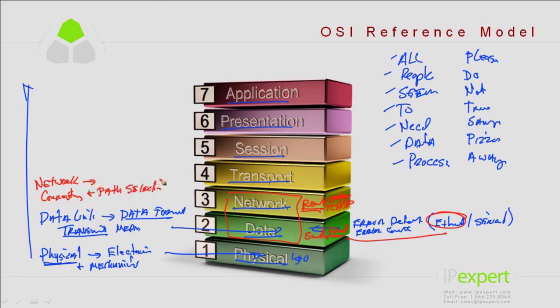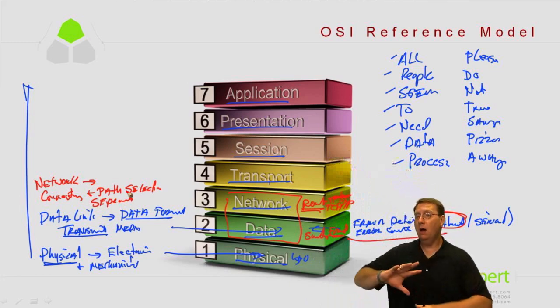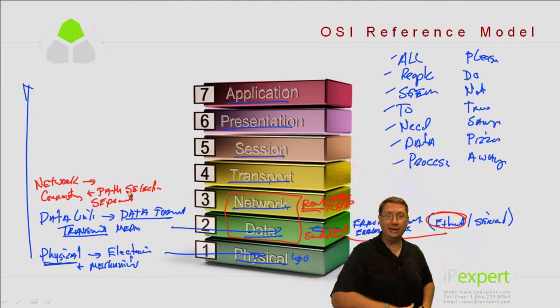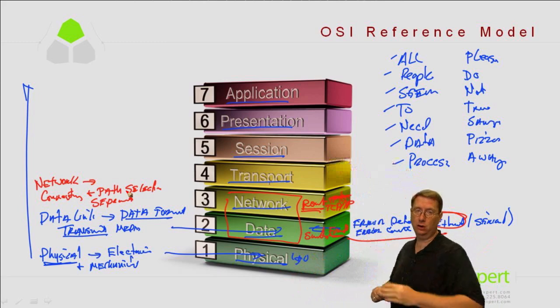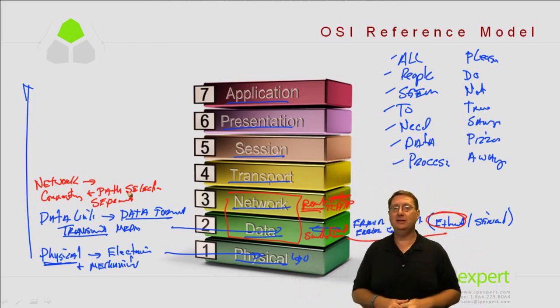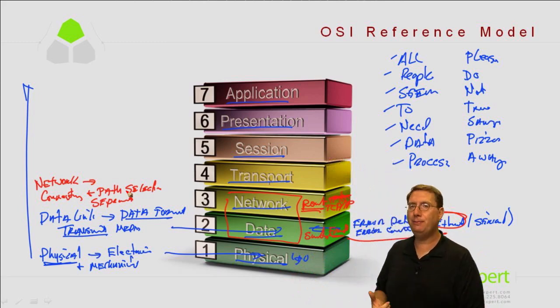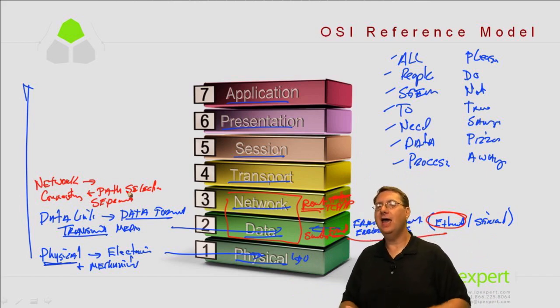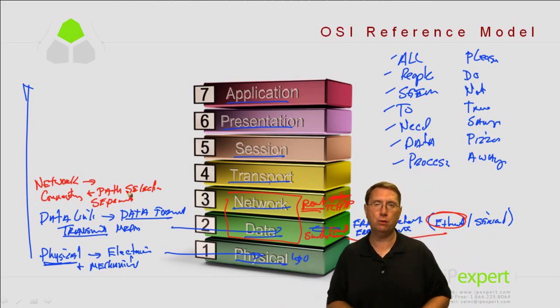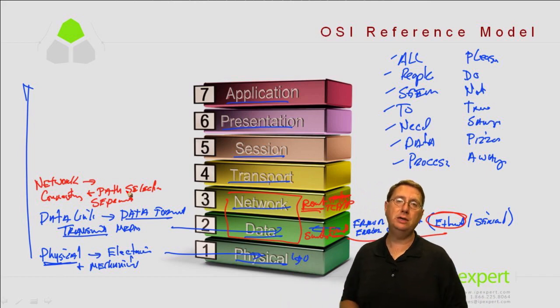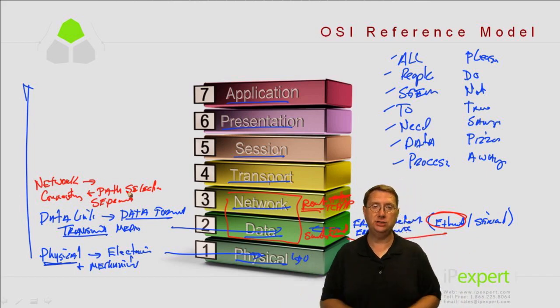Connectivity and path selection is extremely important because it's through this concept that we can communicate between separated networks. When I say separate networks, I'm talking separate. I'm talking about one here in the United States, one in China. It's going to use the network layer to be able to communicate. And it's through this deployment of the IP protocol, IPv4, IPv6, and TCP/IP, that all of this communication takes place.